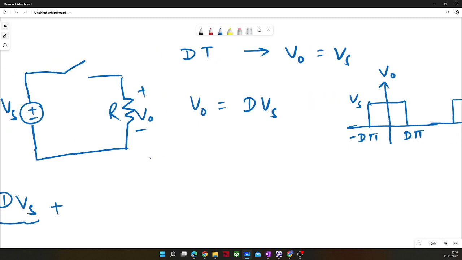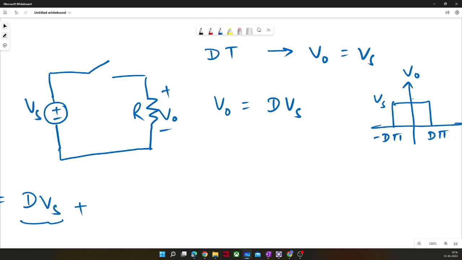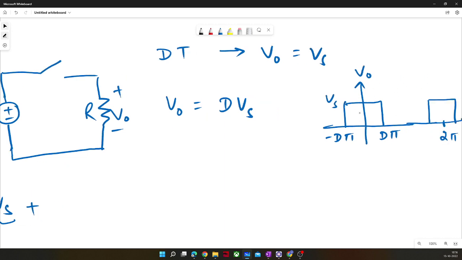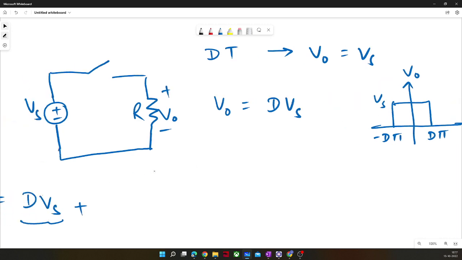Okay. So we wrote the average value of this waveform. You can also calculate it, so that will come out to be dVs. Average you can calculate either by area property or anything. So that average will be dVs. Now the time for the harmonics component.